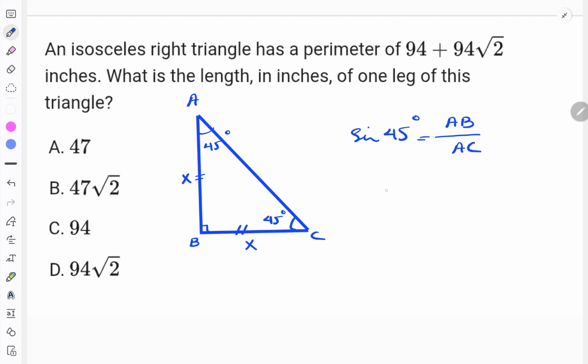Sine of 45 degrees is radical 2 over 2. AB is x, and we are looking for the length of the hypotenuse, but in terms of x.